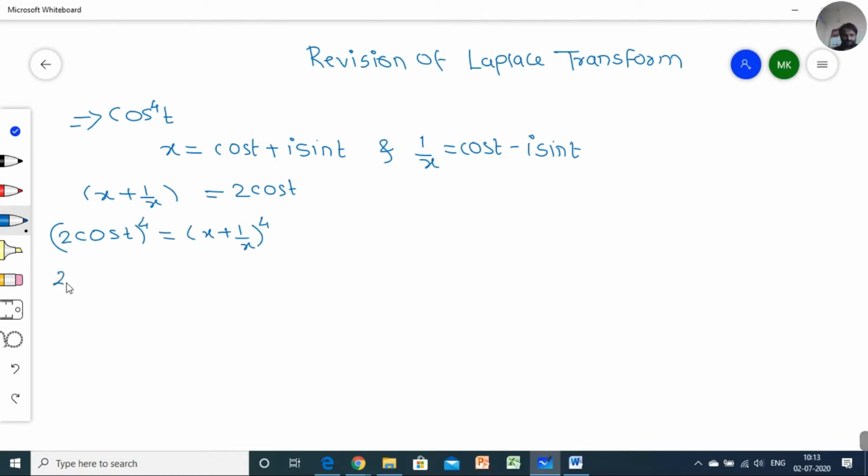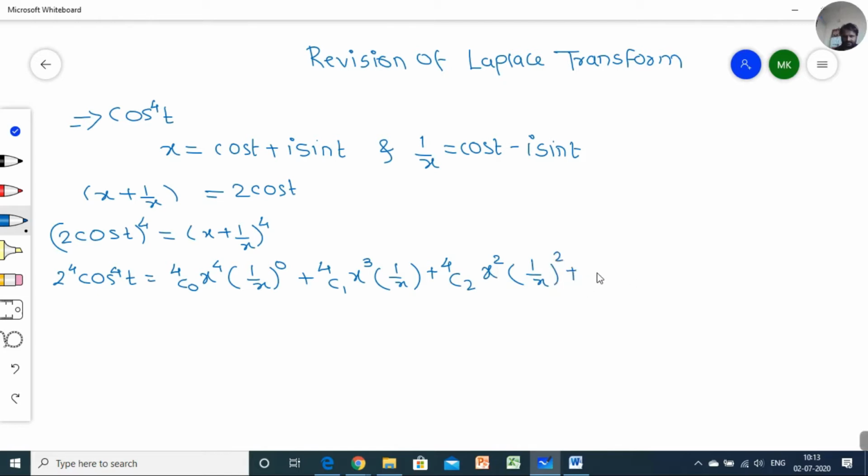So 2 raised to 4 cos raised to 4t is equal to 4c0 x raised to 4 times 1 by x raised to power 0, plus 4c1 x cube times 1 by x, plus 4c2 x square times 1 by x square, plus 4c3 x times 1 by x raised to 3, and the last one is 4c4 x raised to 0 times 1 by x raised to power 4.